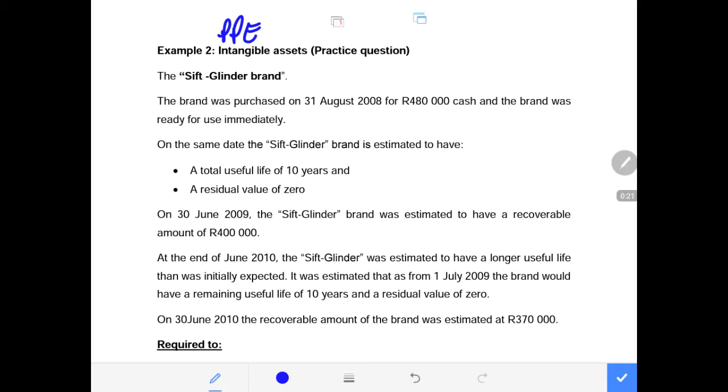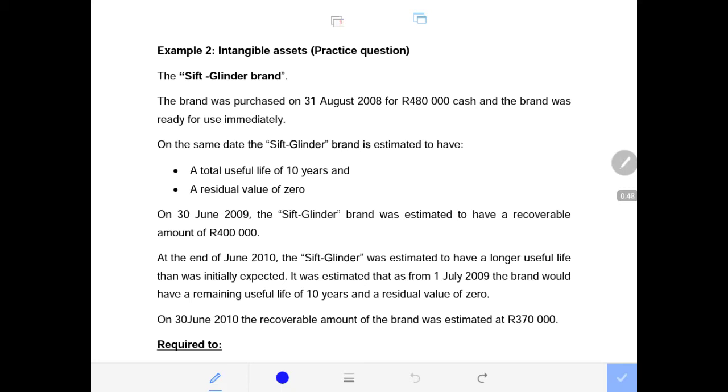Now, this part of the PPE is the side where we deal with the assets that are intangible. That means assets that we cannot touch, assets that are without monetary value, and assets that are invisible. But they are distinguishable, and that is the definition of an intangible asset.